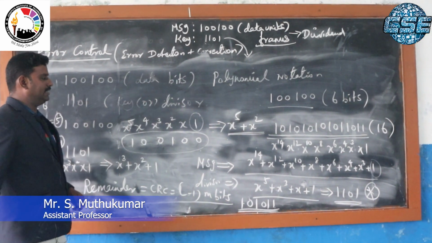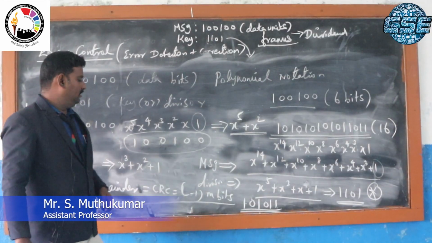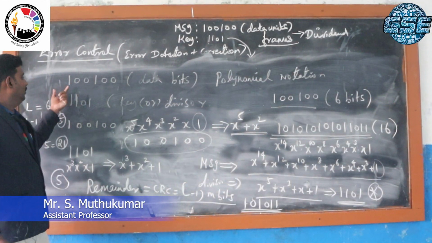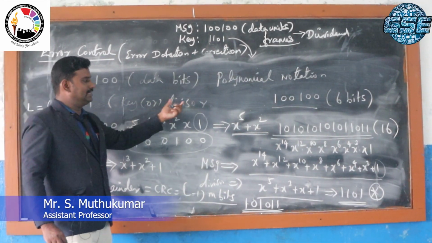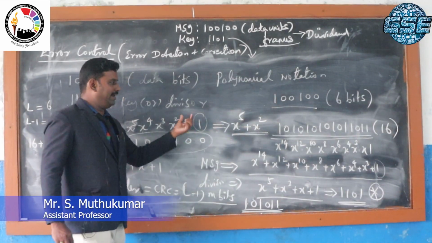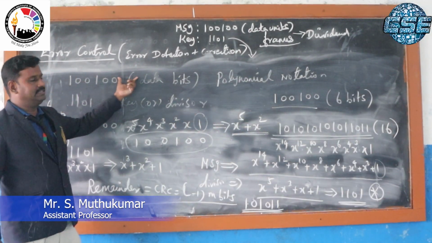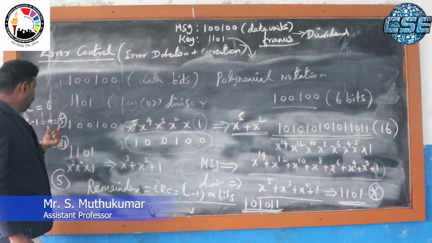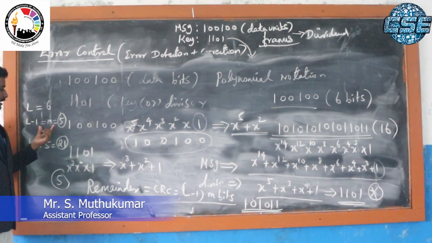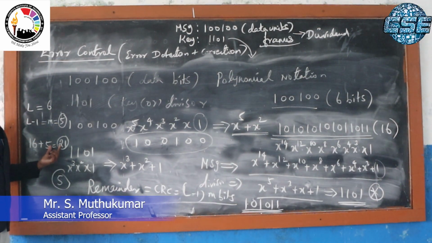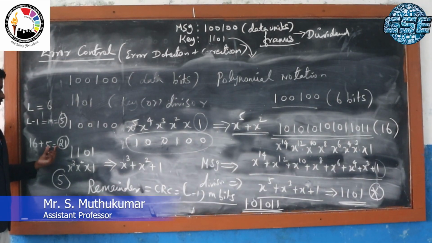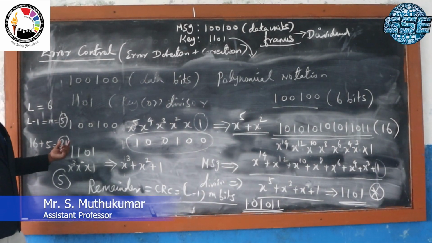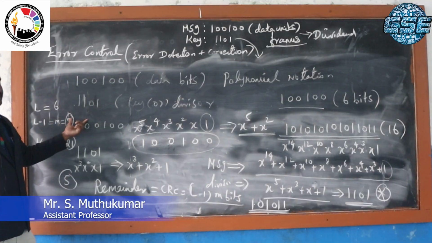So note down all these key points for making the CRC generator as well as the CRC checker. Just recall the points. We have to take the message and find the number of bits in the divisor. We add L minus 1 zeros to the message for CRC generation.